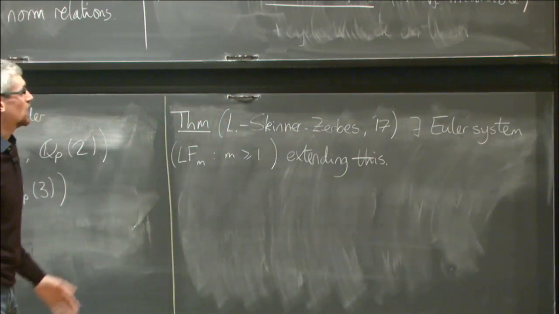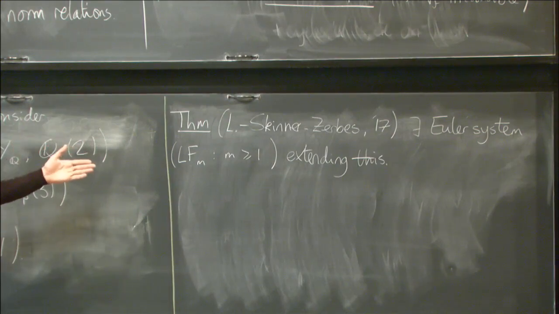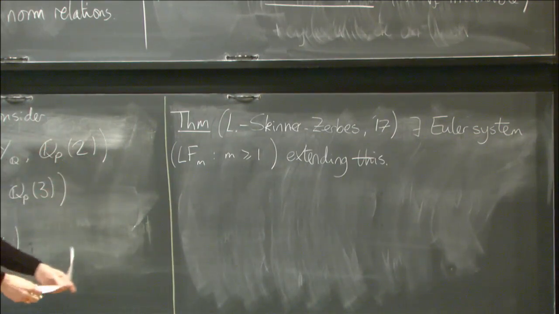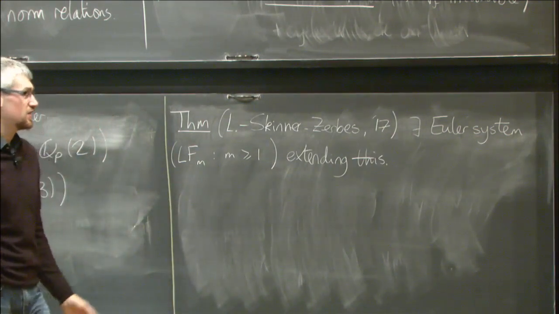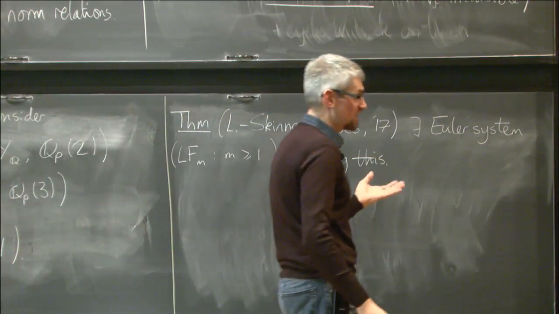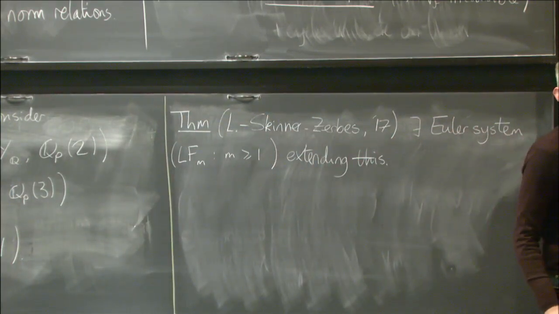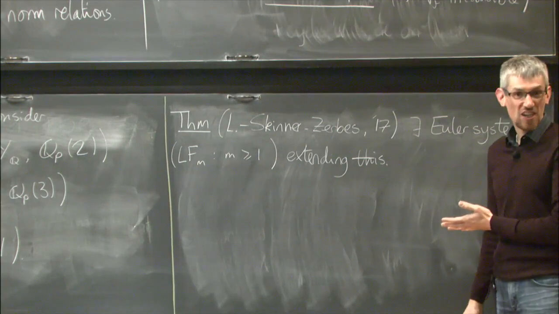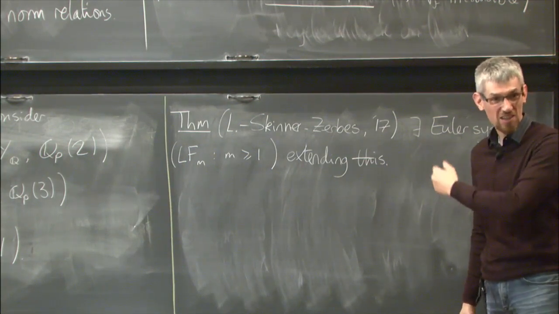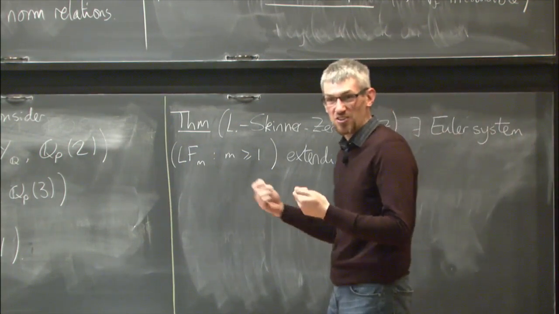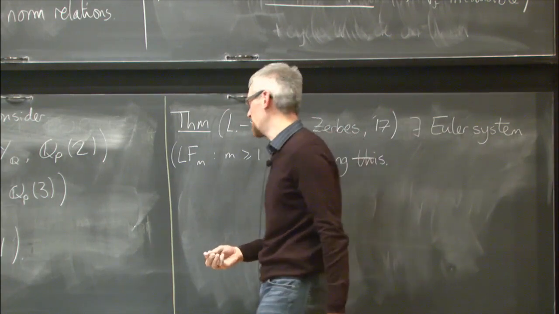So just to construct these elements, the idea is actually very similar to the construction of the Beilinson-Flach elements. You take your embedding iota and you replace it with something slightly more complicated. You kind of perturb iota to get something that's defined over a field extension.